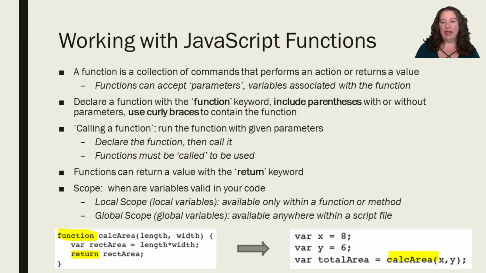You notice that calc area, the calling of the function over on the right-hand side, uses the variables x and y as my parameters. They will get passed into my function as length and width in order, and then it will return. So my total area will equal whatever my return value is. In this case, length times width.